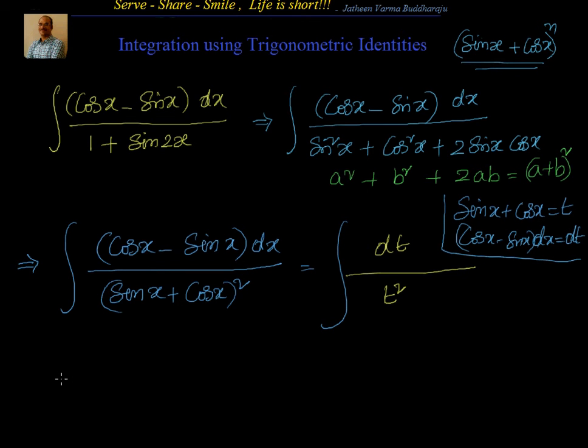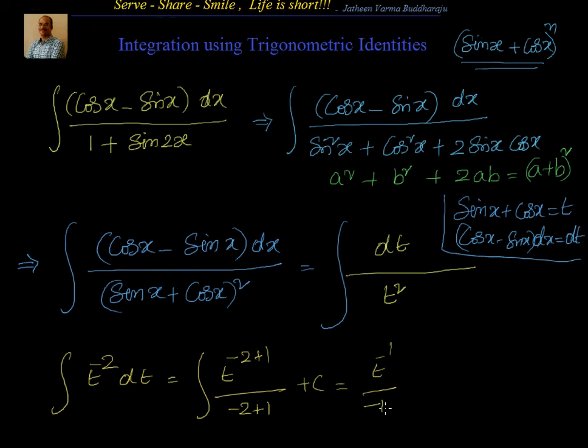Now that's nothing but integral of t power minus 2 dt, and we know integral of x power n is x power n plus 1 by n plus 1. That becomes t power minus 2 plus 1 by minus 2 plus 1 plus c. That's equal to t power minus 1 by minus 1 plus c. That's equal to minus of 1 by t plus c.